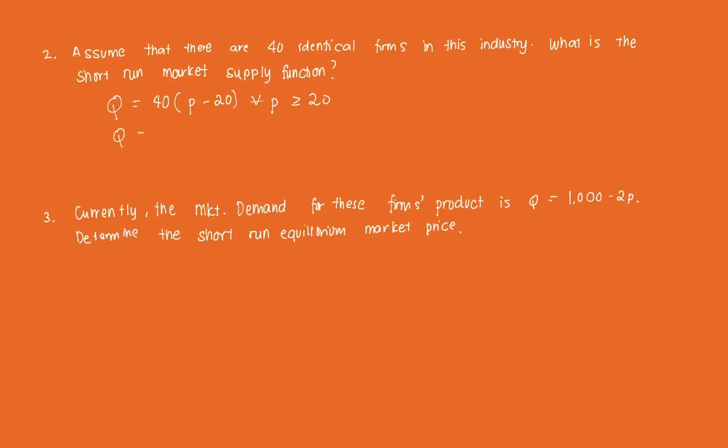Then you have Q equal to 40 times 0 for all P between 0 and 20.